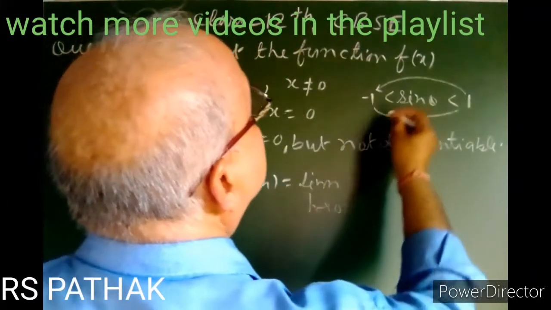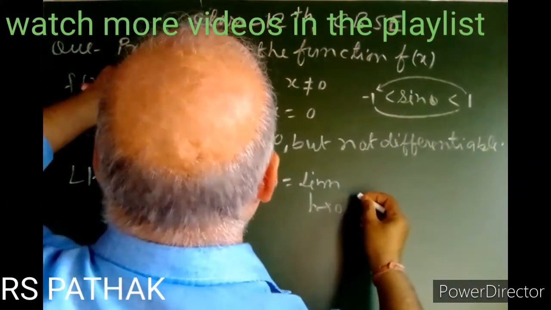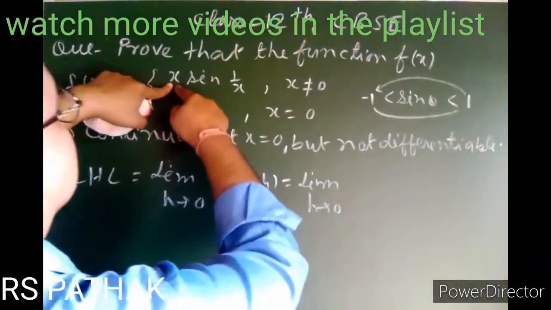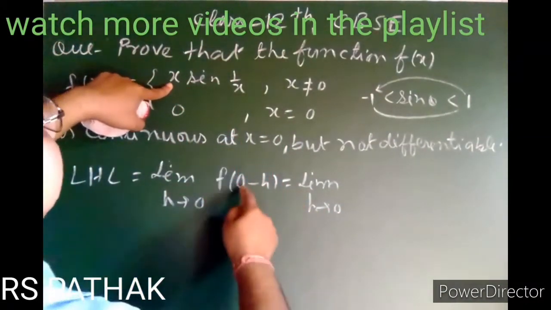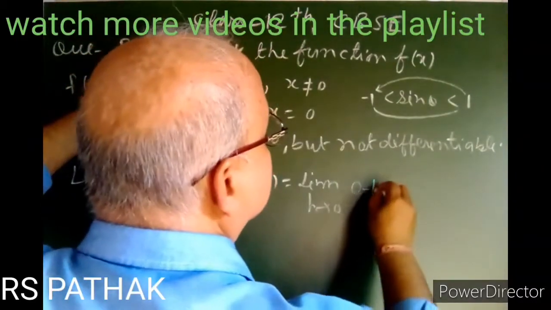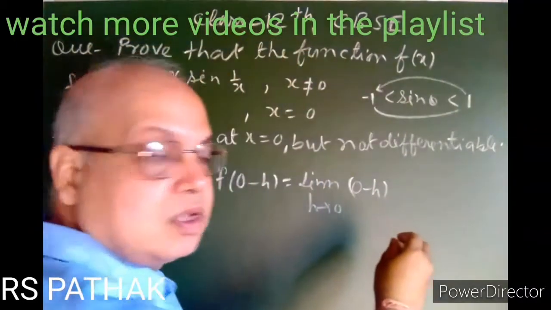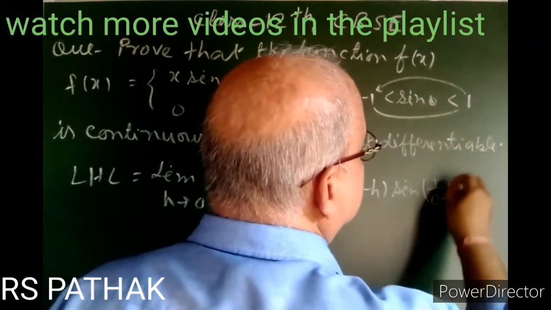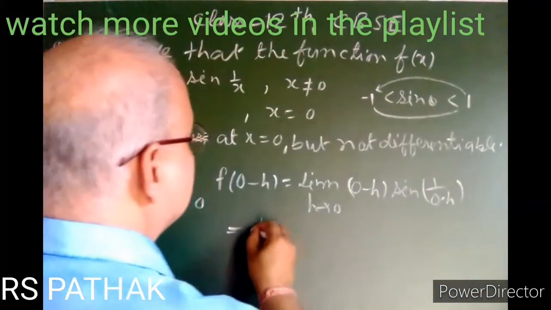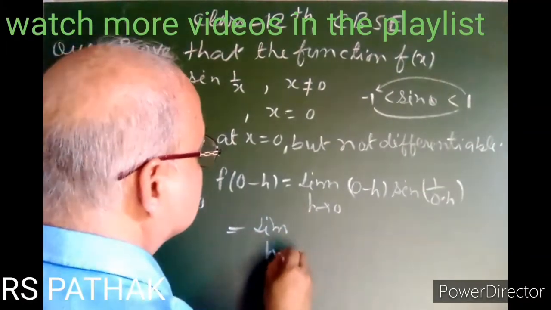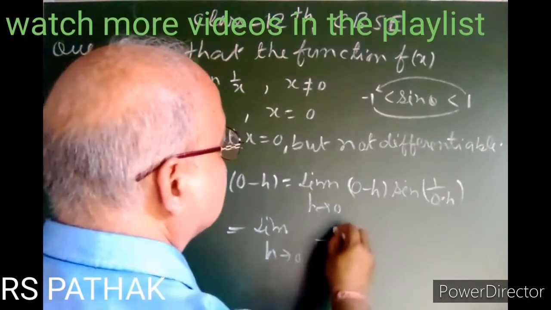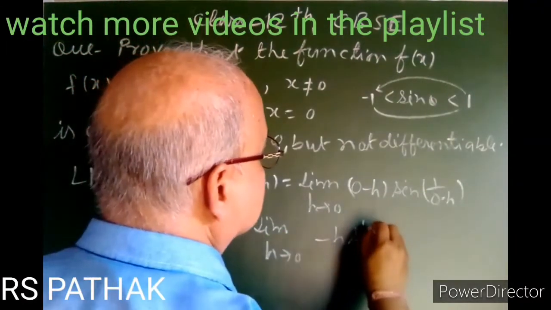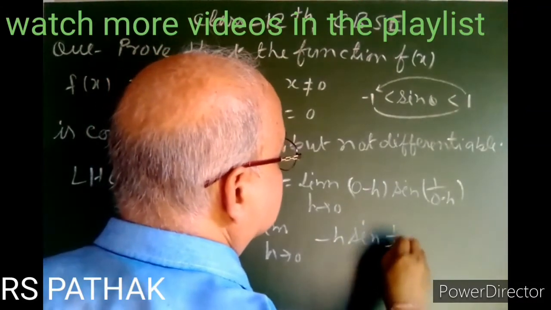In place of x, we will put 0 - h. So it is (0 - h) sin 1 upon (0 - h), which is minus h sin 1 upon minus h.